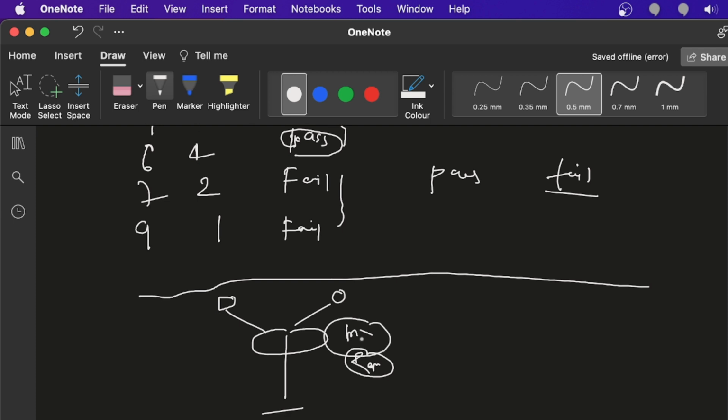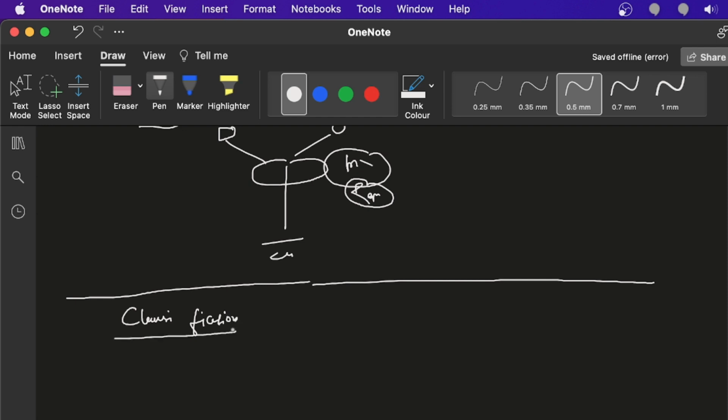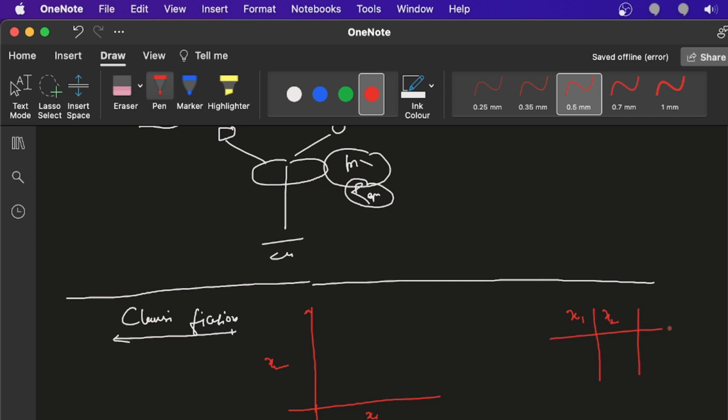Okay, so now I am going to take an example of classification or regression. Suppose there is a data set with some x1 value and some x2 value, this is the input, and this is y.